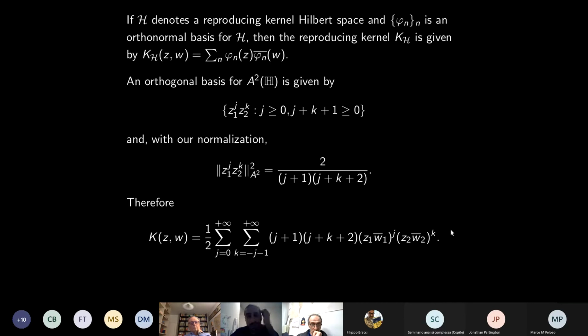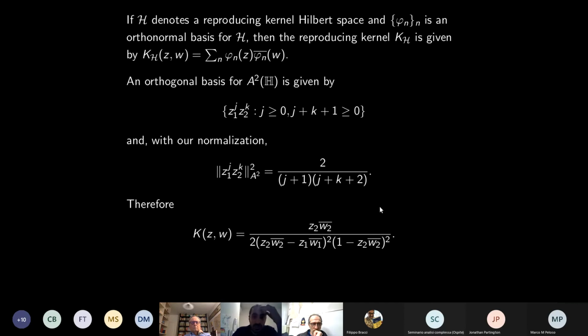This sum is explicitly computed easily, and we end up with this kernel: Z2 W2 bar over the constants, 2 times Z2 W2 bar minus Z1 W1 bar, to the square, times 1 minus Z2 W2 bar, to the square.